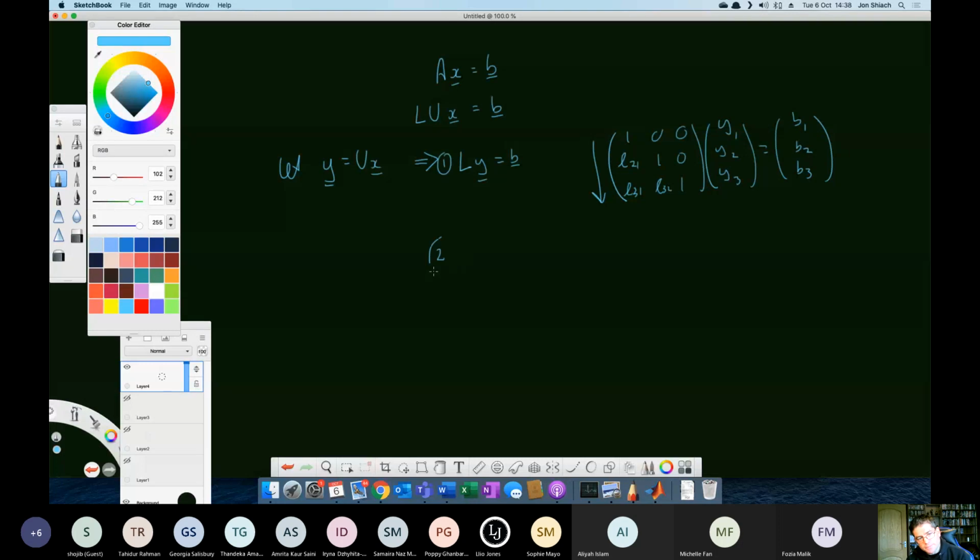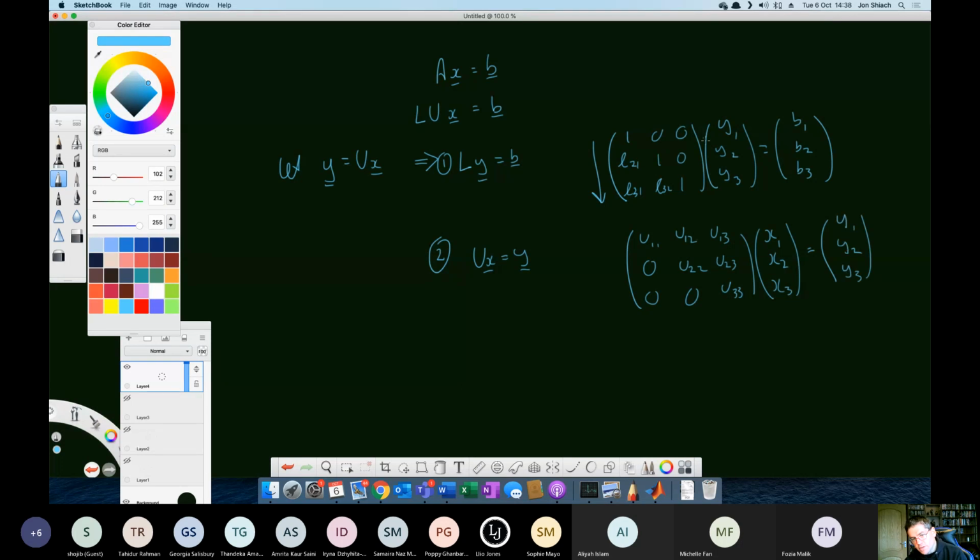Our second step is to solve Ux equals y. So we'd have u11, u12, u13, an upper triangular matrix, multiplied by our x values. These x values are what we're trying to solve for in the first place, and that will equal our y values, which we just calculated in the first step.